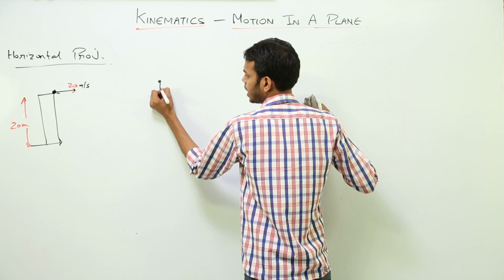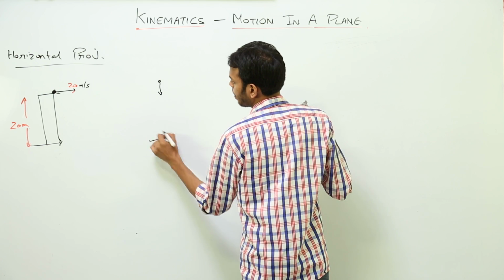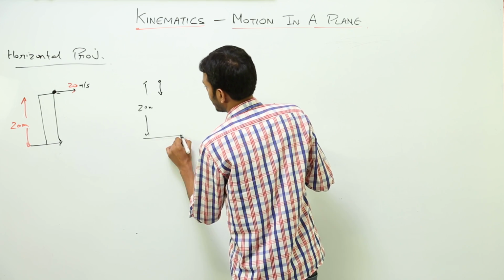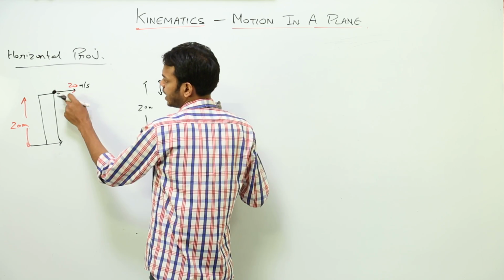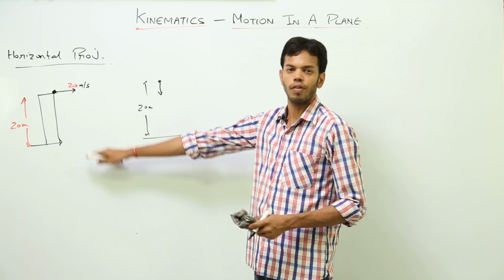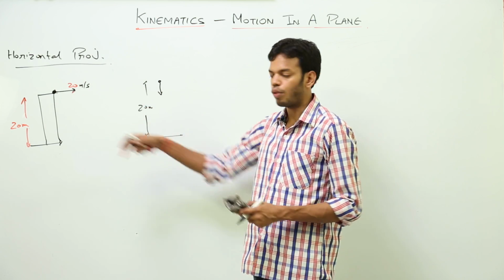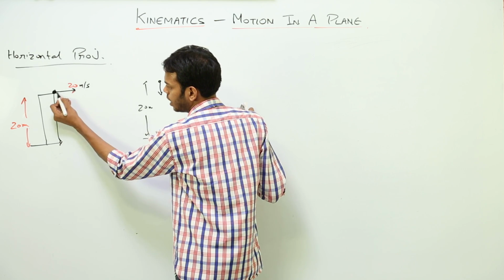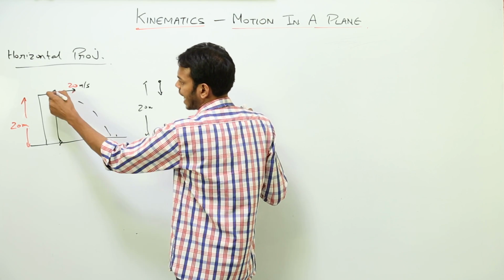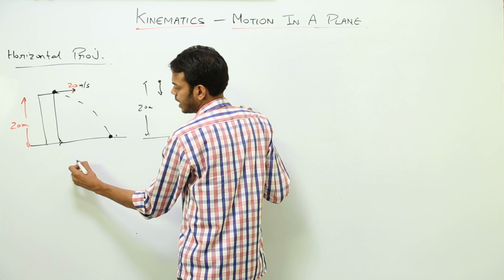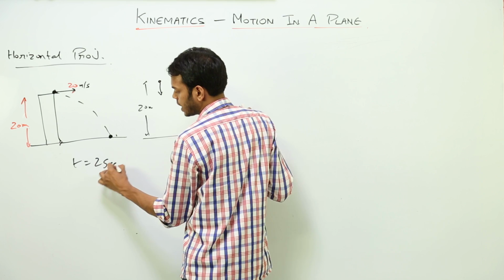We have an object here which is being dropped from the same height, that is 20 meters, okay, and there is another object here which is given a horizontal velocity, no downward velocity, that is vertical velocity is still 0, we have just given the horizontal velocity of 20 meter per second, so it is going like this. So time which this object takes to reach this point is 2 seconds.